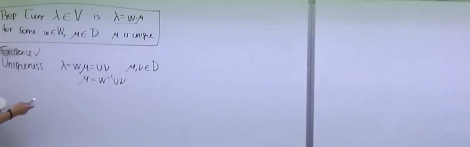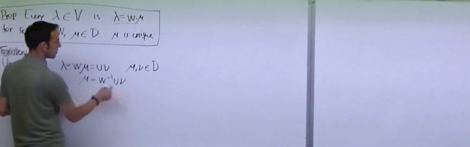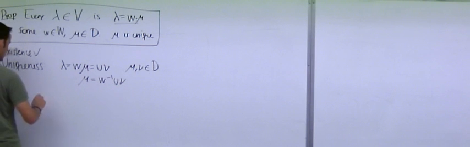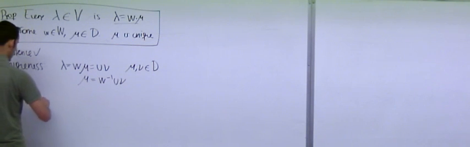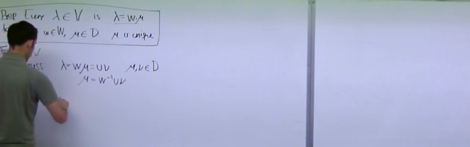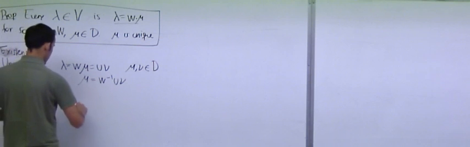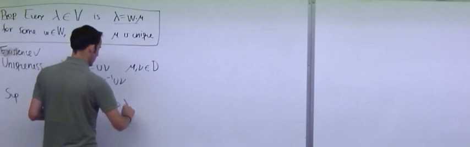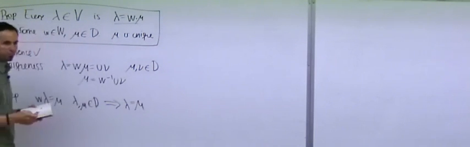And so what I'm going to do is prove that if you have 2 points in the fundamental domain which are related by a group element, then they must be the same element. They must be the same vector. So suppose that, let's say that W lambda is equal to mu for lambda and mu in the fundamental domain. And what I want to prove is that actually lambda is equal to mu. Okay?